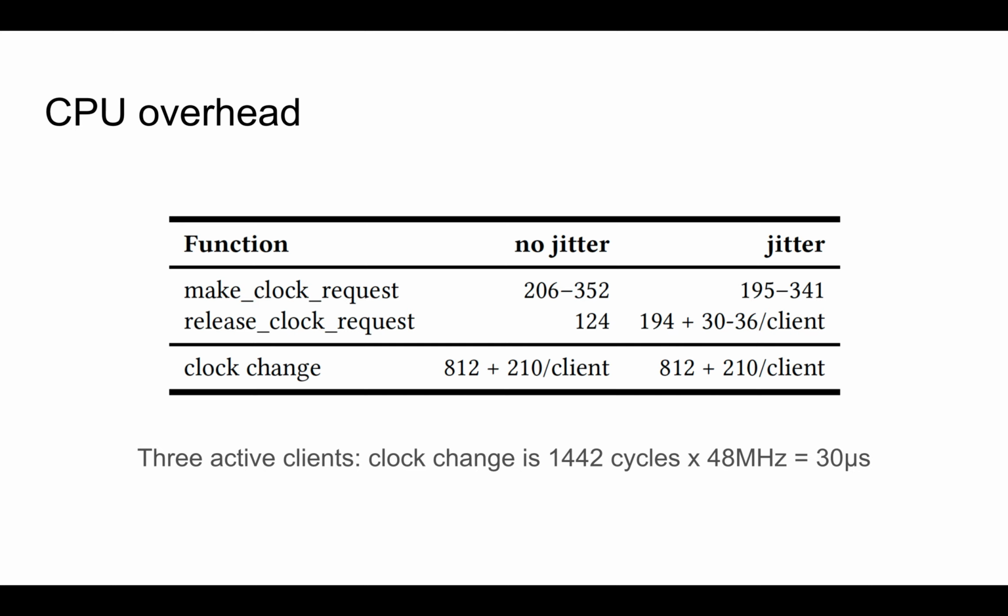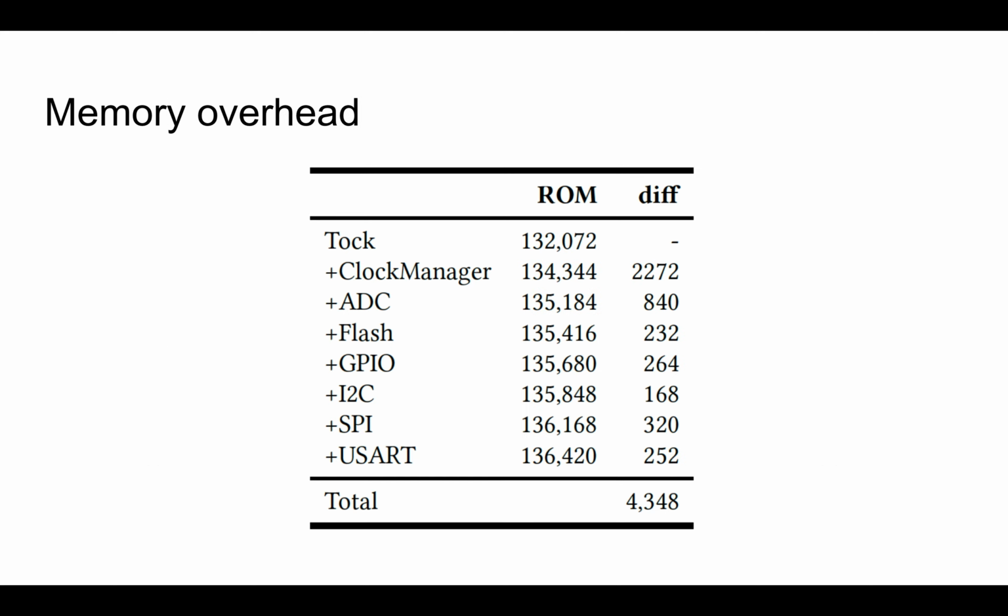If we have 3 active clients, then the most expensive operation is clock change with 1,442 cycles, which if using a 48 MHz clock is 30 microseconds, a tiny overhead compared with an application which may run for hundreds of milliseconds. For memory overhead, we show that adding clock manager and ClockClient logic for 6 main peripherals requires adding a total of 4.4 kilobytes of code, which is only a 3.3% increase in TOC size.